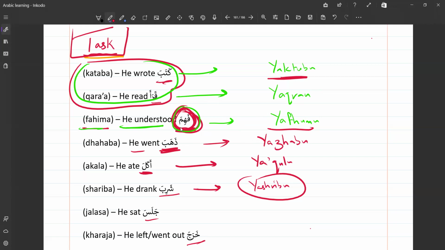Fahima means he understood, yafhamu means he understands. Dhahaba means he went, yadhhabu means he goes. Akala means he ate, yakulu means he eats. Shariba means he drank, and yashrabu means he drinks. Right? So this is how the present tense is compared with the past tense.